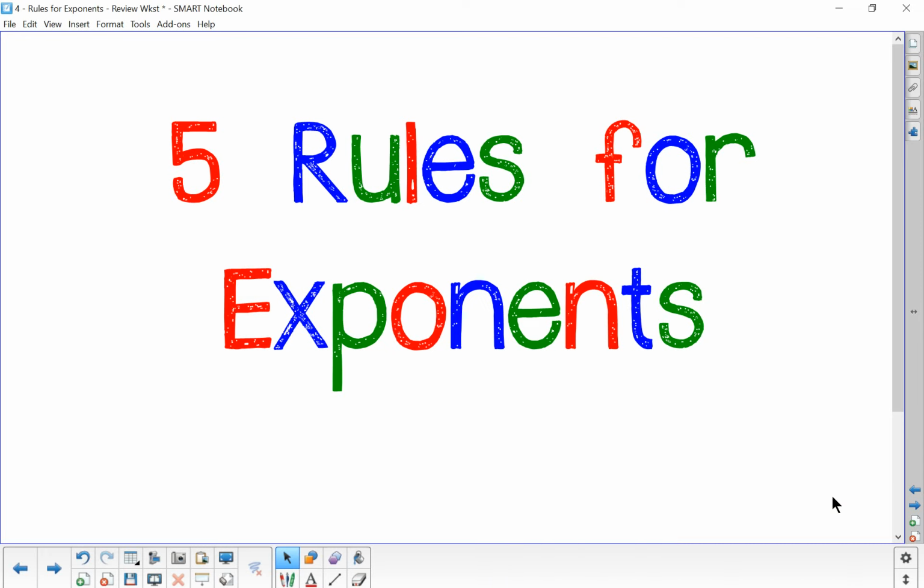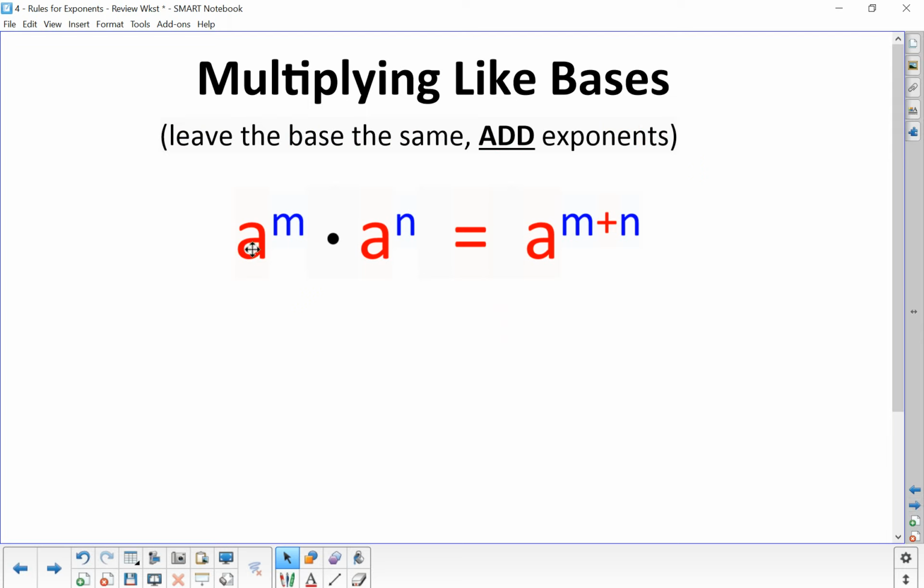In this video, we will practice the 5 different rules there are for evaluating or simplifying exponents. So the first rule is when you are multiplying like bases, you add the powers together.